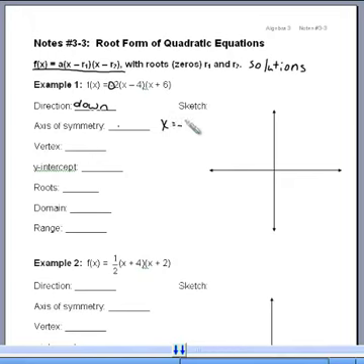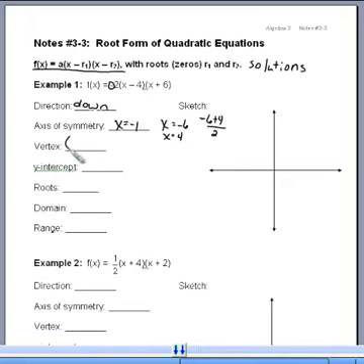So one of our roots is -6, and the other one is +4. The midway would be -6 plus 4 over 2, which is -2 over 2, or -1. So x equals -1 is our axis of symmetry.